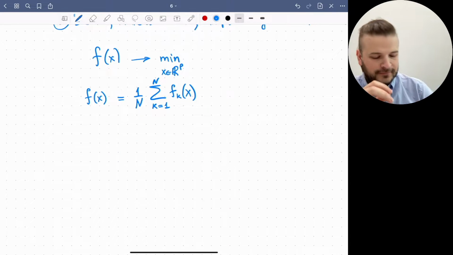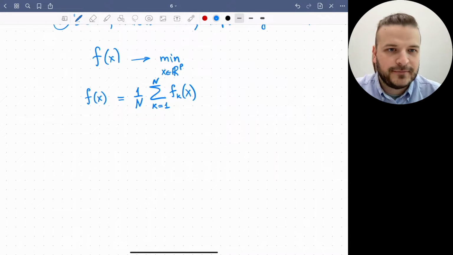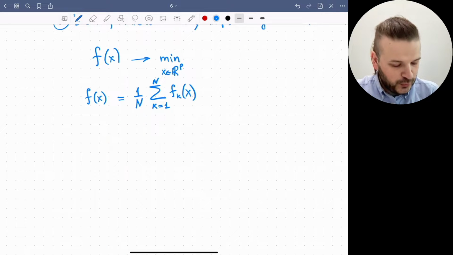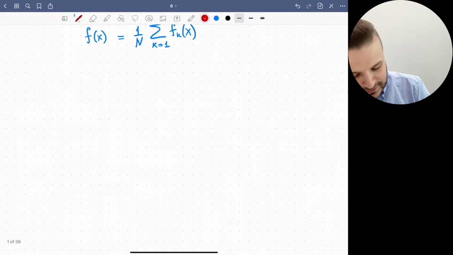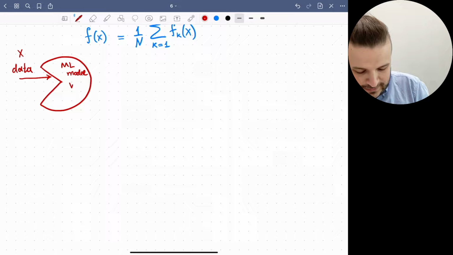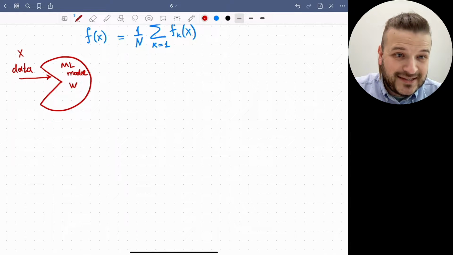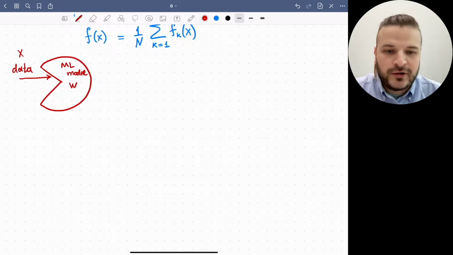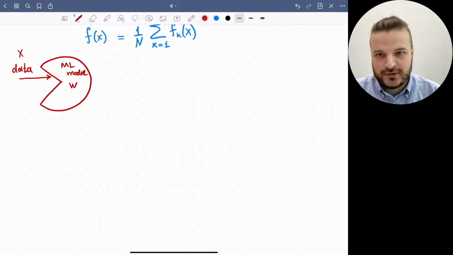This formulation came from machine learning. If I consider a high-level formulation, that's a machine learning model. It takes input data, let's say x, and it has parameters which we're going to optimize in order for the model to work as we want it to work.